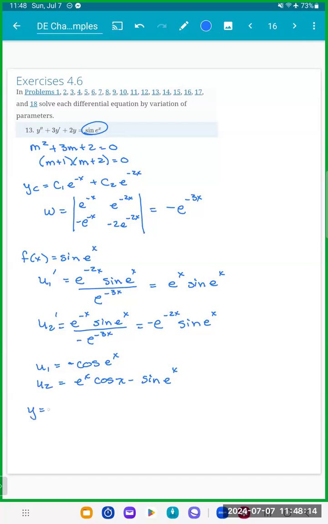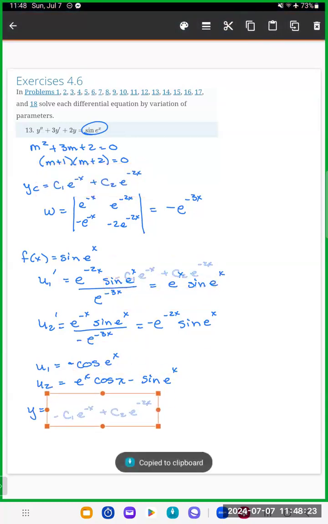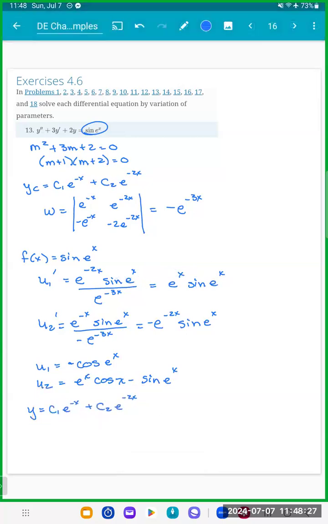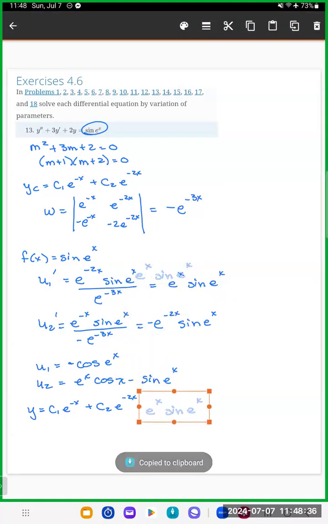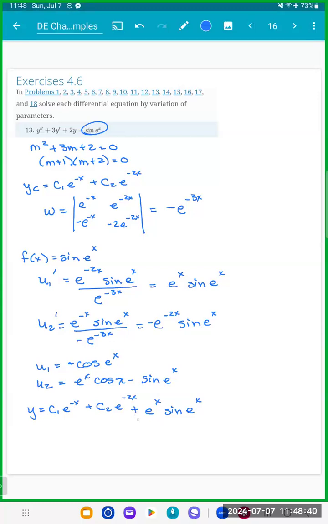So our y equation is going to be our complementary plus our negative e to the negative x cosine of x plus e to the negative x cosine of x minus e to the negative 2x sine e to the x.